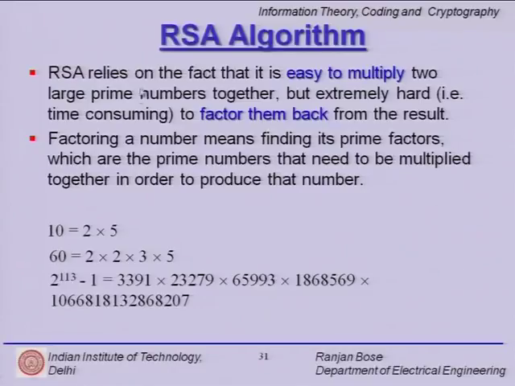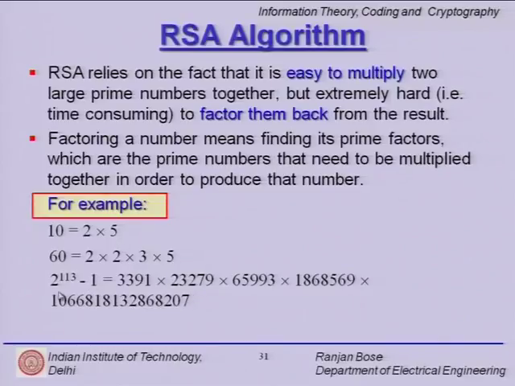For example, 10 can be written as 2 into 5, and 60 again can be broken up, and these are obvious. But the moment I go to a slightly larger number like 2 raised to the power 113 minus 1, factorization becomes extremely hard. In this example, going from the right hand side to the left hand side is very easy.